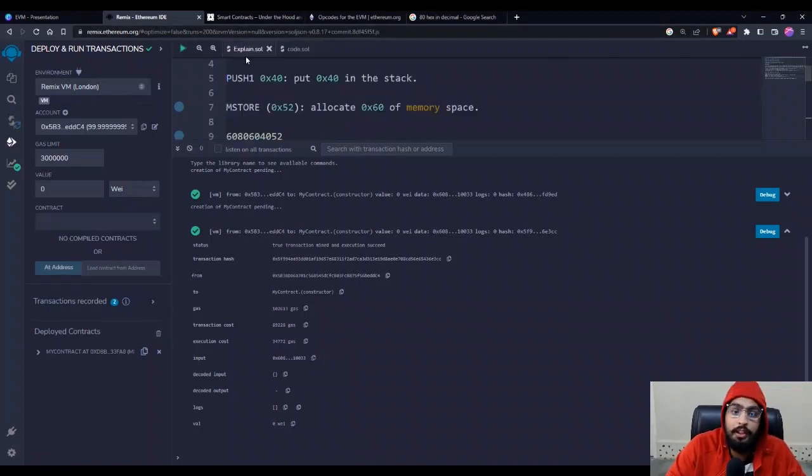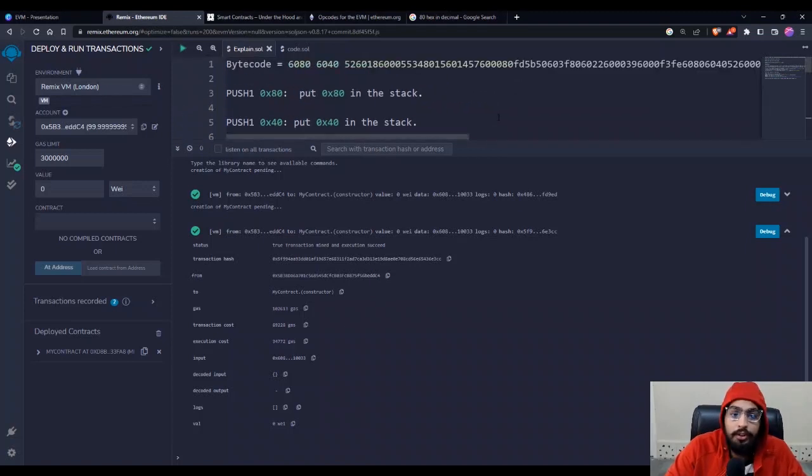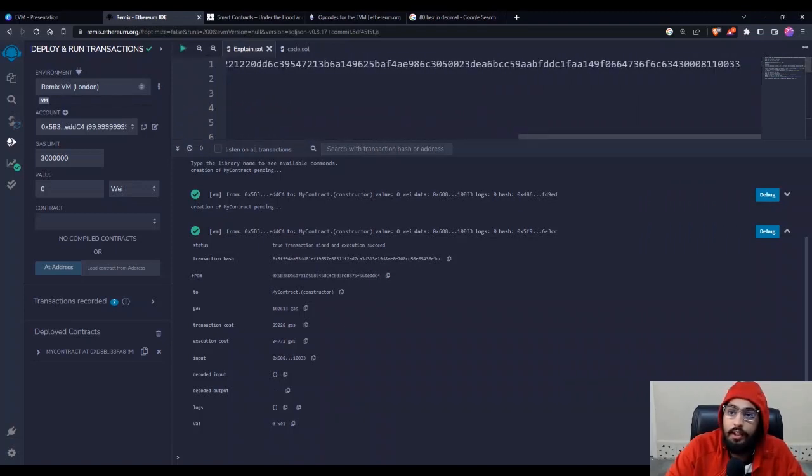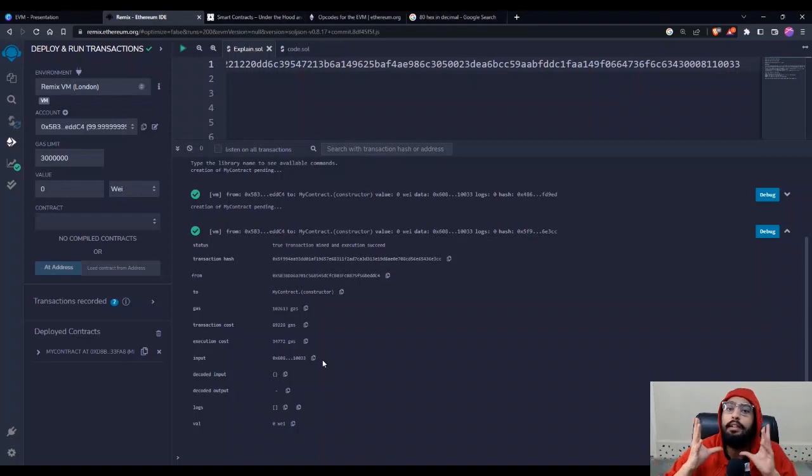You will be able to see that it starts with 0x80 and it ends with 10333, and that's how our bytecode ends, right? So the input is always in the bytecode format. EVM doesn't understand Solidity code. It has to be converted into bytecode, which is understood by the EVM. So this is why the input here is in EVM format, right?